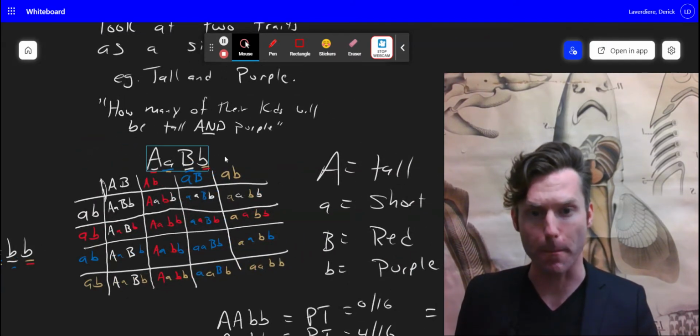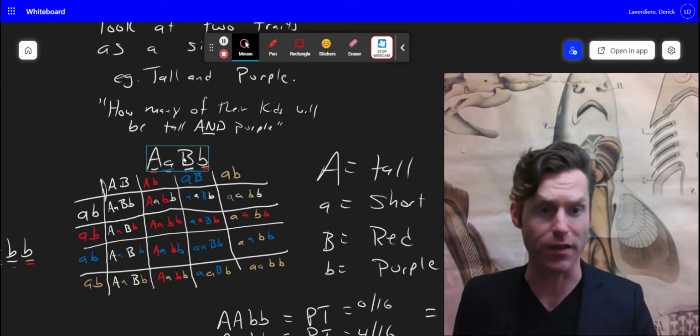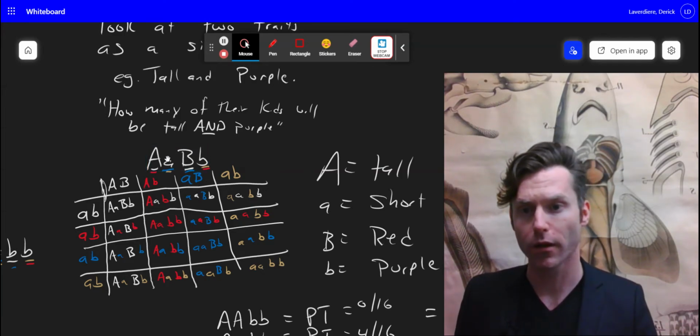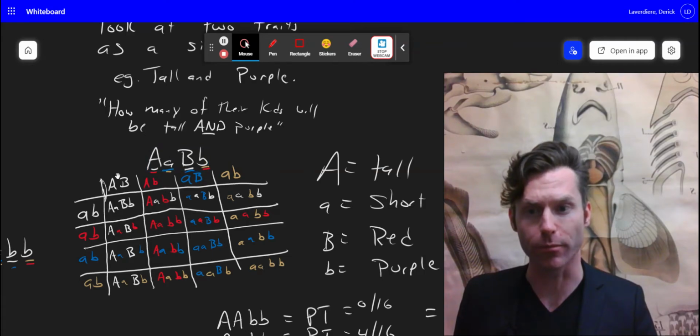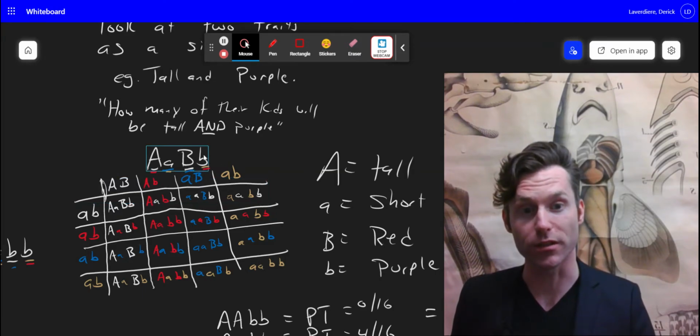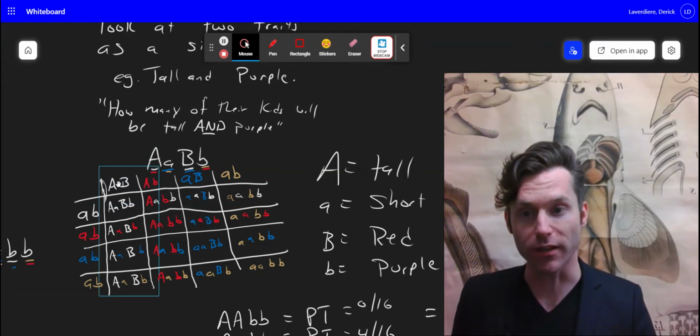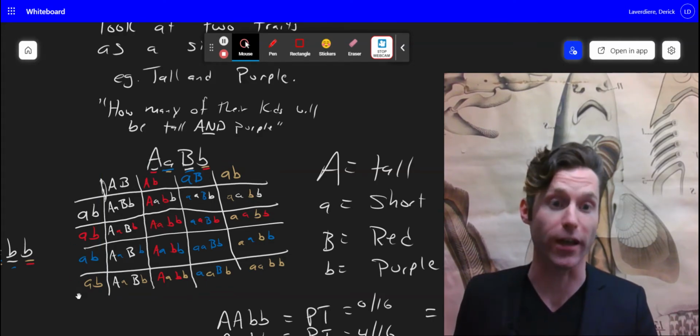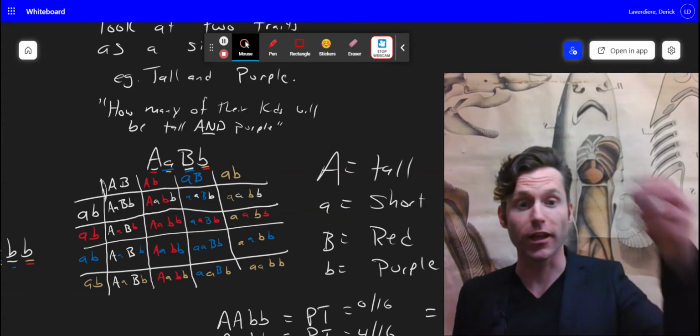When this male at the top makes some sperm, it's going to take this set of genes and half of it will end up in one gamete. The other half is going to end up in a different gamete. Likewise with these genes. So each gamete at the top needs to have one of every letter. That's how gametes work.